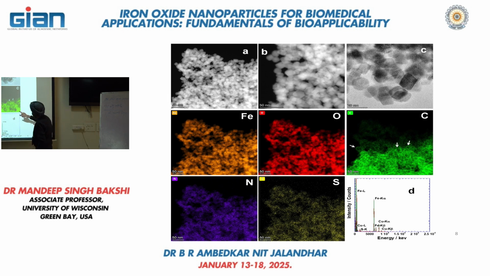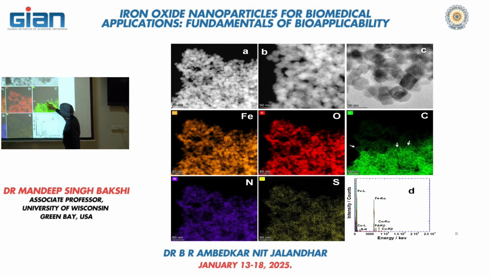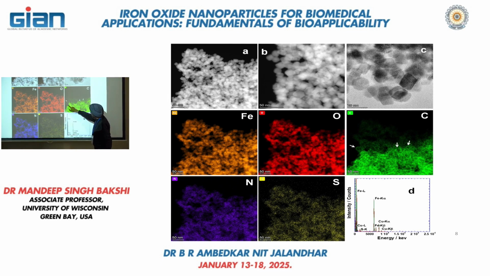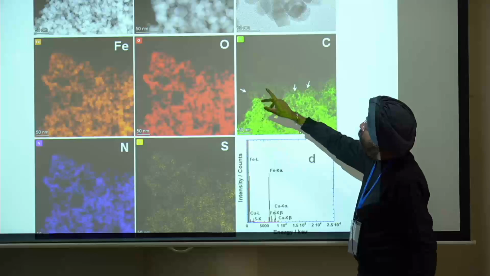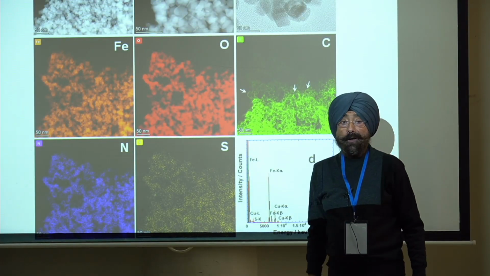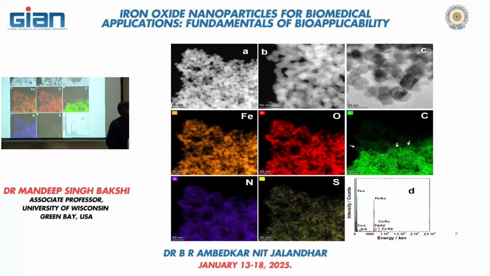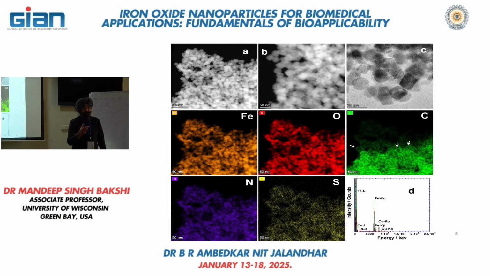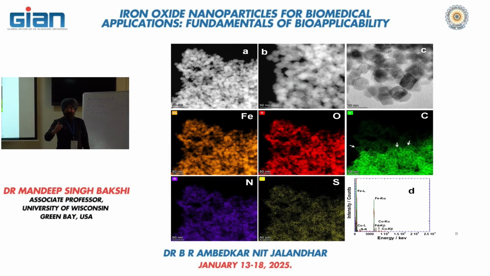But at least you see the ring structure. Can you see the ring structure? The ring structure shows that the carbon is coated around the nanoparticle. That is why you have a ring structure. Because if it's a roughly polyhedral nanoparticle coated with the polymer, carbon is originating from there.